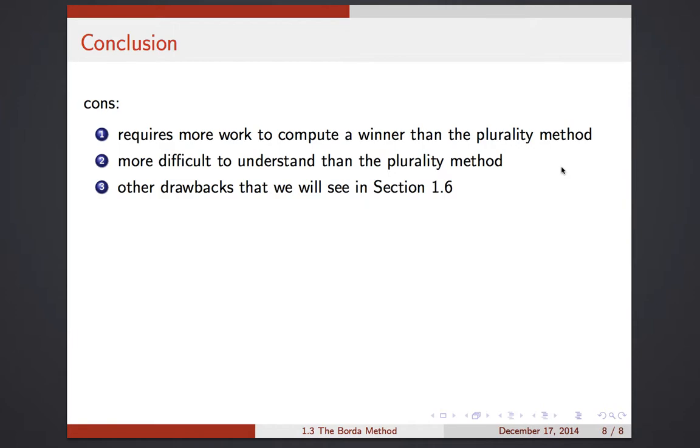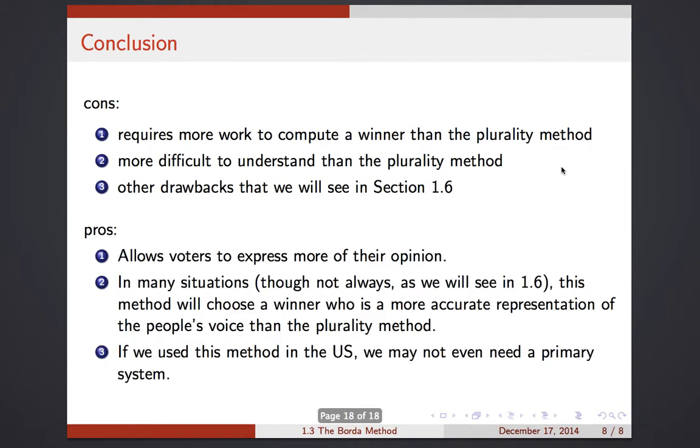The Borda count method, you now have to assign points using a fairly complicated point system. So it's more complicated. And of course, it's not as easy to understand as the plurality method. The plurality method is the easiest to understand method that we will study. And there are some other drawbacks that we'll see in section 1.6. So there are some drawbacks to this method.